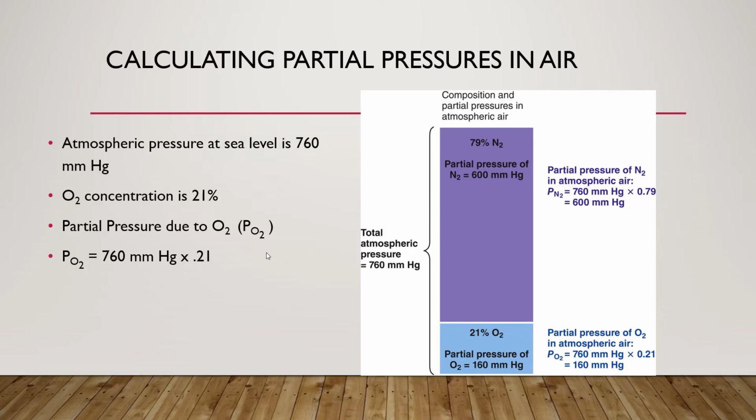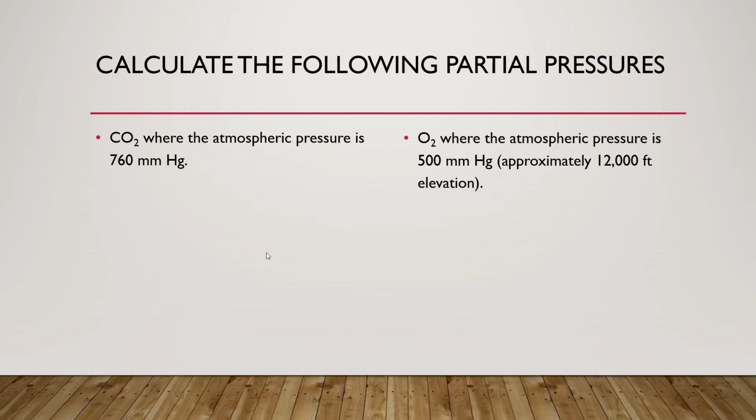Okay. Let's try some more examples. Pause the video and see if you can calculate these. Let's start with the CO2. Remember that partial pressure is going to be the atmospheric pressure, which I give you, 760 millimeters of mercury, times the concentration of CO2.